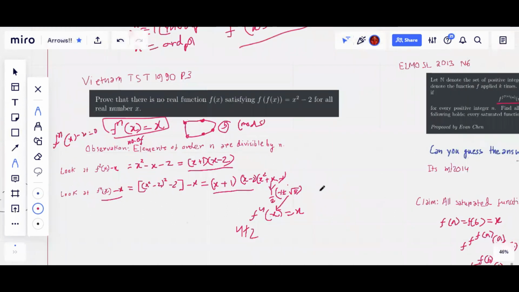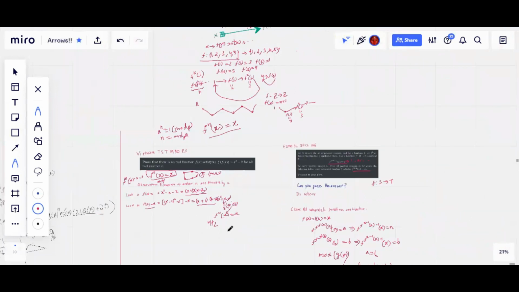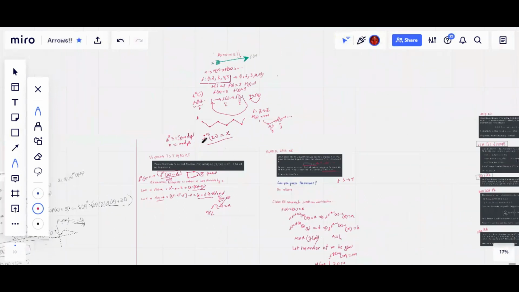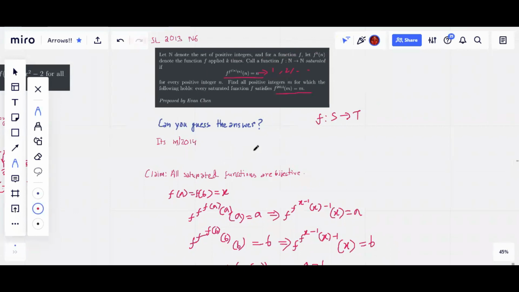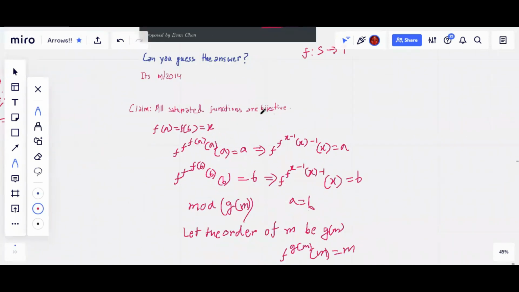And in the next problem, I think it's a really instructive problem. Sorry for spoiling it though. So first we guess the answer depending on the restriction of the order in 2014. And then we proved injectivity and proved bijectivity too.